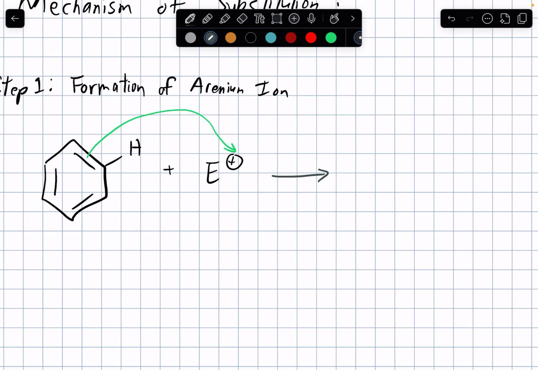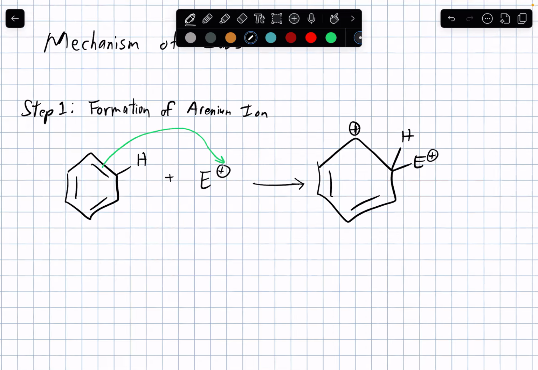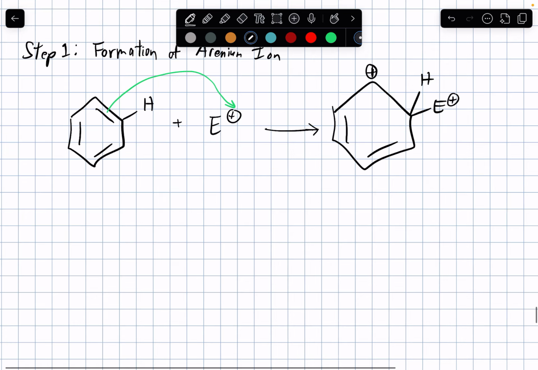As a result, the double bond disappears. You have a carbocation ion here. This is a hydrogen and the electrophile is over there. Just imagine the arrow as a grabber, no?